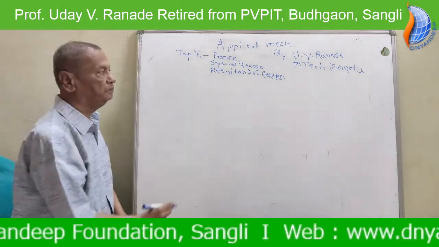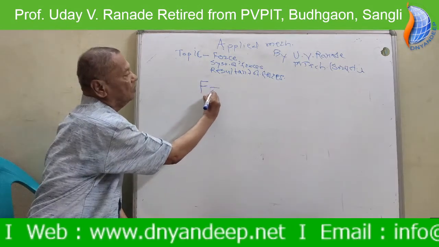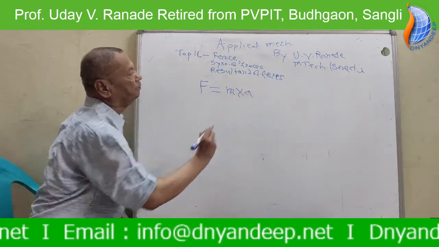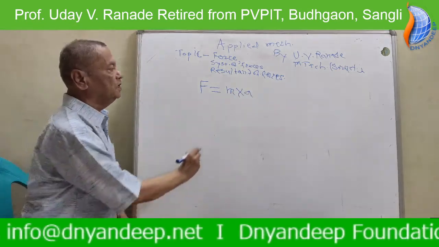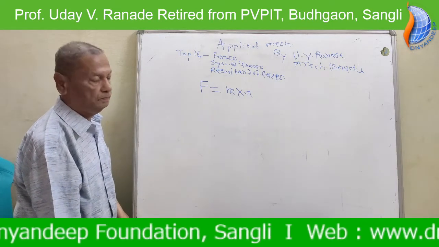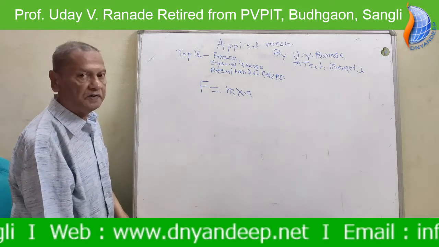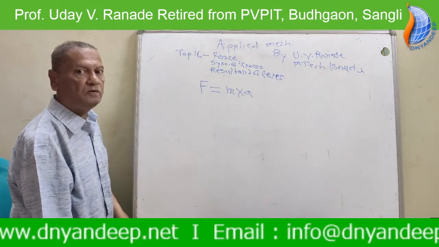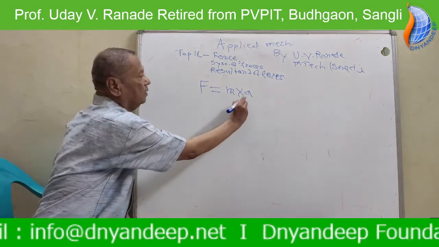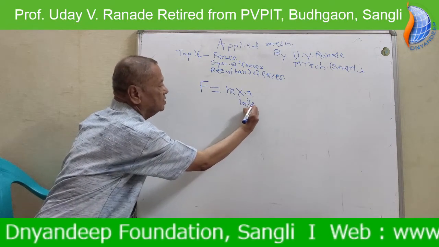First, force. F equal to M into A. In this, M is mass, its unit is kg. A is acceleration. Acceleration is rate of change of velocity. Its unit is meter per second square.